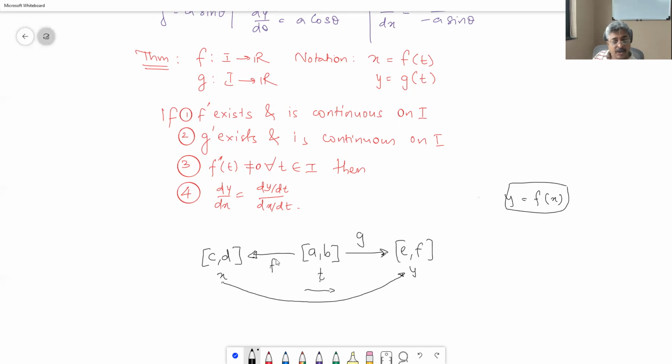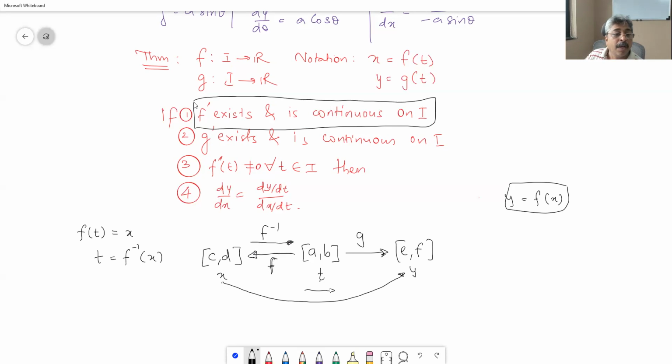Therefore, understand this function f, it is in this direction. So f of t is equal to x, therefore t is equal to f inverse of x. If I make this arrow like this, then it is going to be f inverse, but I just cannot make it unless I am sure that it is an invertible function, and that is where this first statement and third statement come in picture.